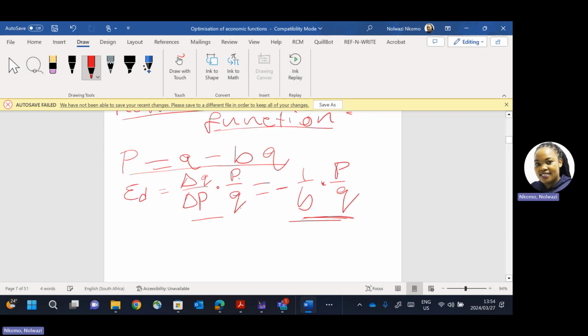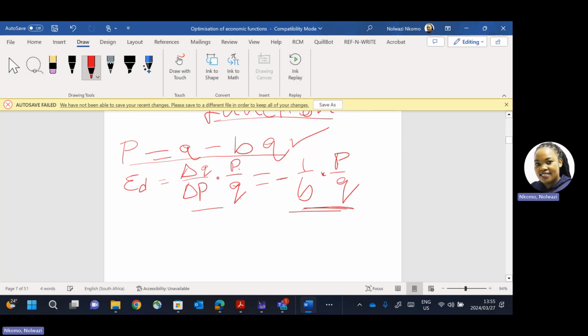Then, here you were given a linear function. If, again, you are given a nonlinear demand function, then this is what you'll use. You'll use the derivative. You'll have the point elasticity of demand as dq over dp times p over q.